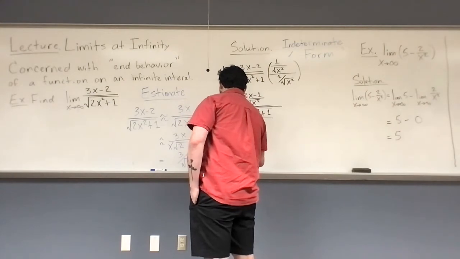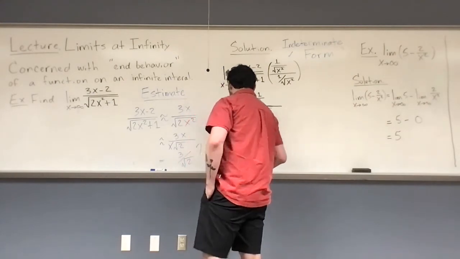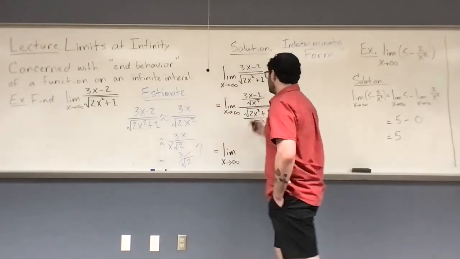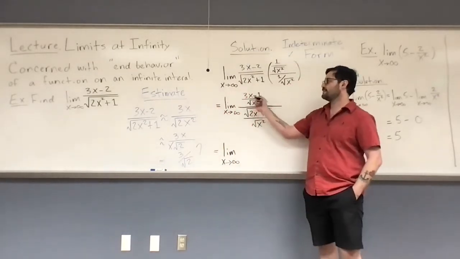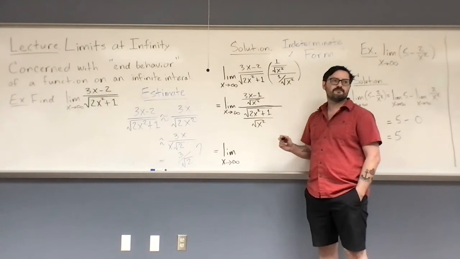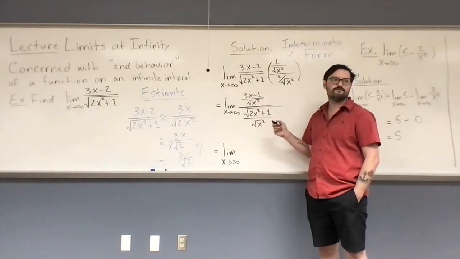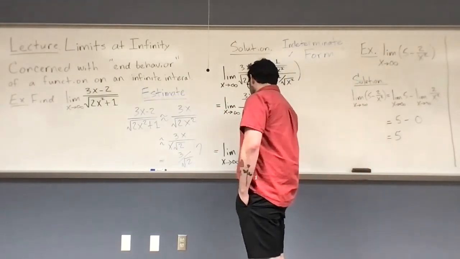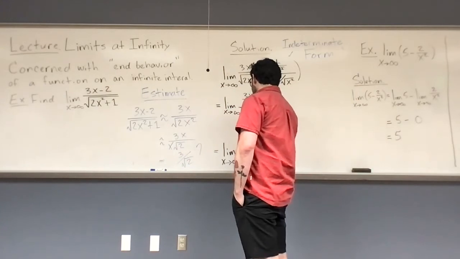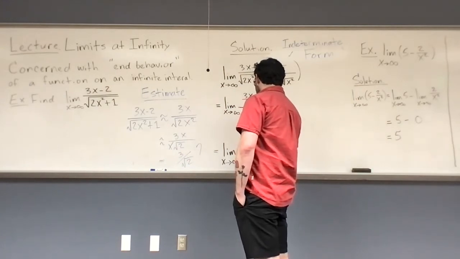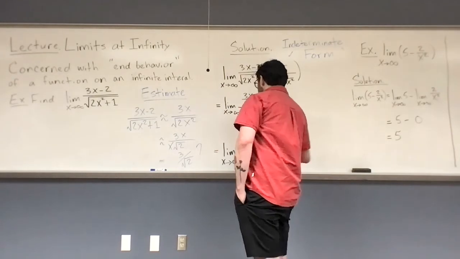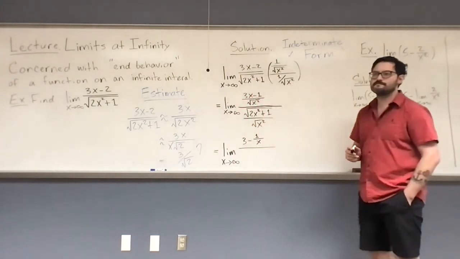So this is going to be the limit as x goes to infinity of, so 3x, this is dividing that piece and that piece, right? It's dividing the 3x and the 1, right? So what will that be? That'll be 3 minus 1 over x in the numerator.